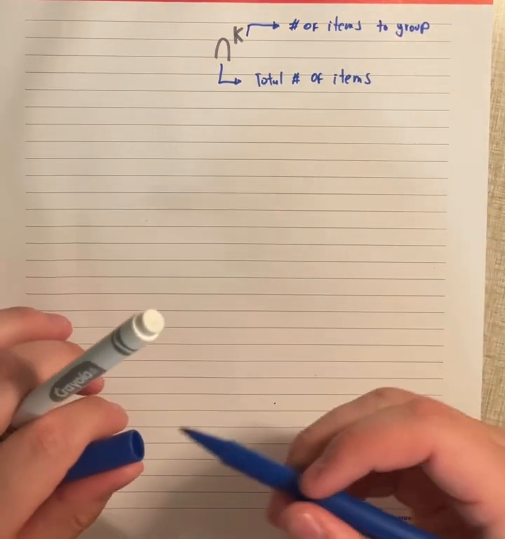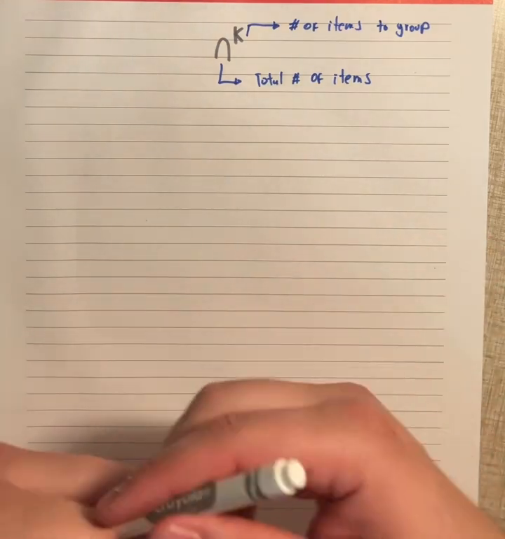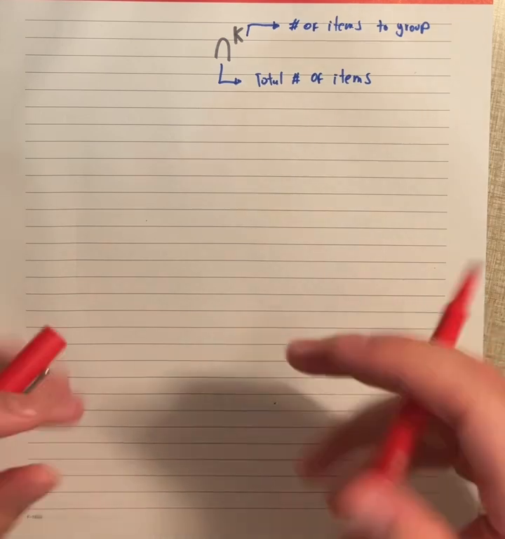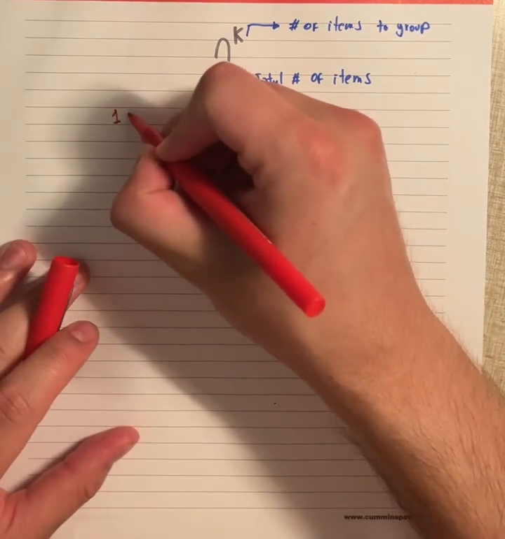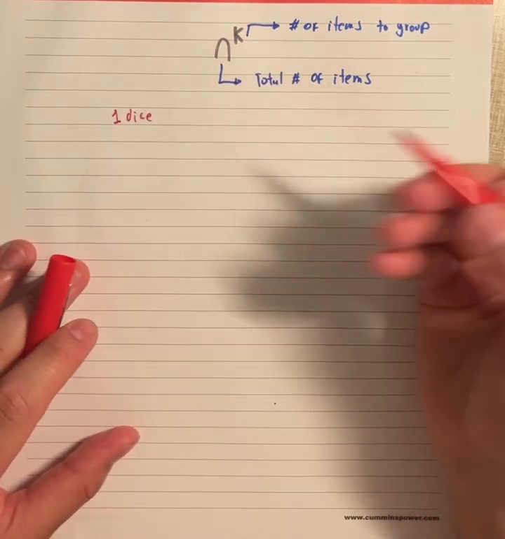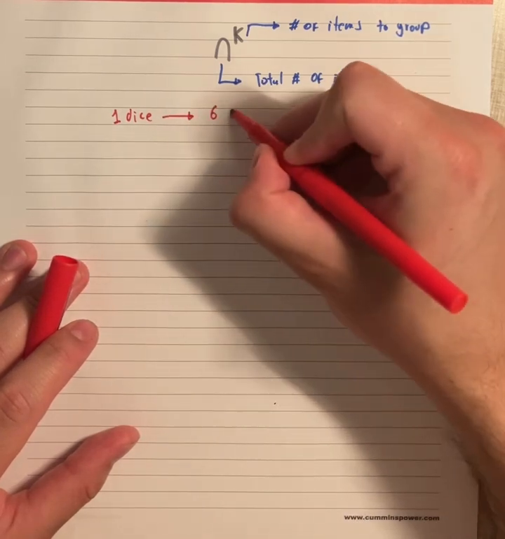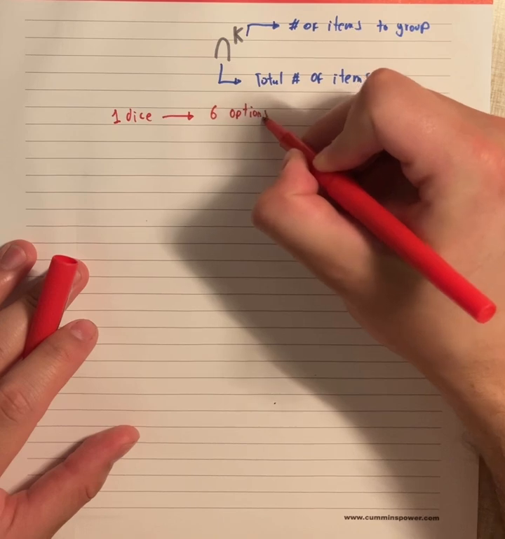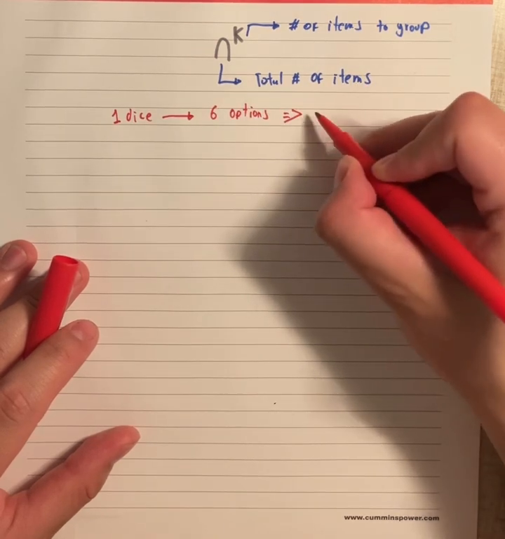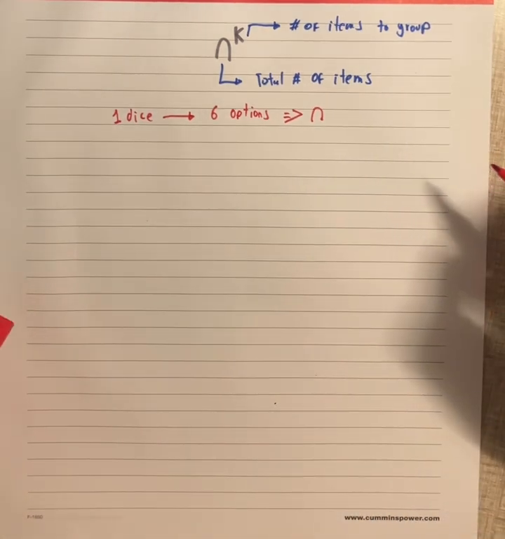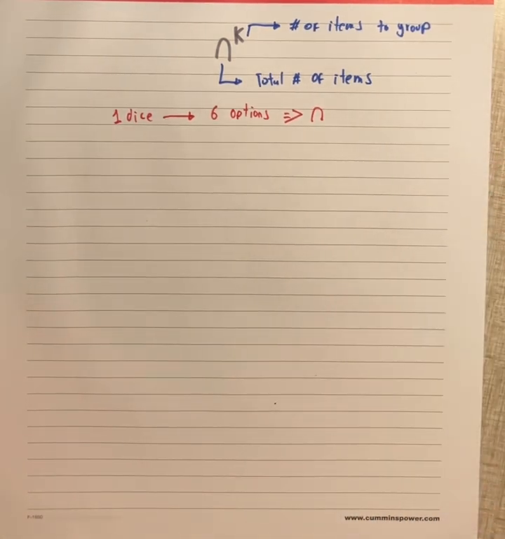Let's give a quick example. Let's say you have one dice. A dice has 6 options, so that will be my n value. Let's say I want to know how many permutations there are if I group the dice.